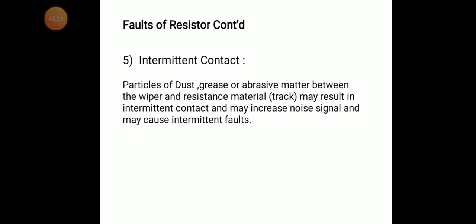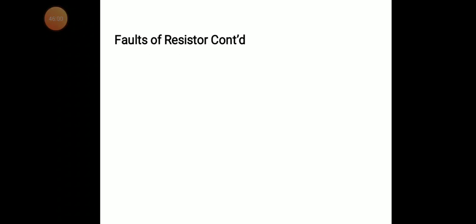Particles of dust, grease, or abrasive matter between the wiper and resistance material may result in intermittent contact, may increase the noise signal and may cause intermittent faults. These mainly occur in potentiometers and rheostats because of particles of dust, grease or abrasive matter between the wiper and the resistance track. So we also take care about intermittent contact.